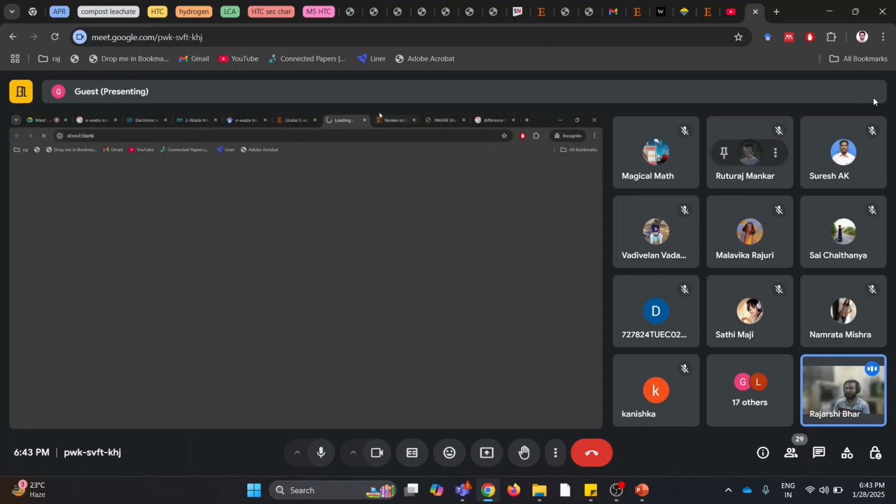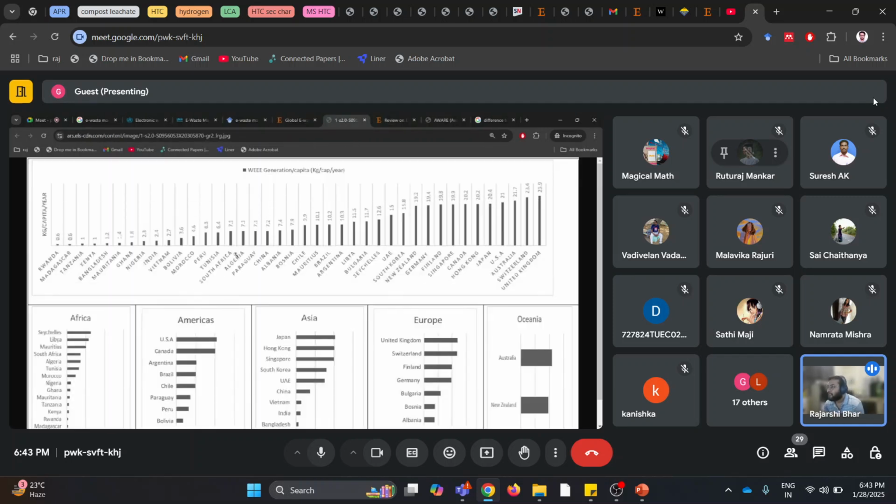So I will expand this figure and you see here. On the top, there is waste electrical and electronics equipment generation per capita, in kg per capita per year.